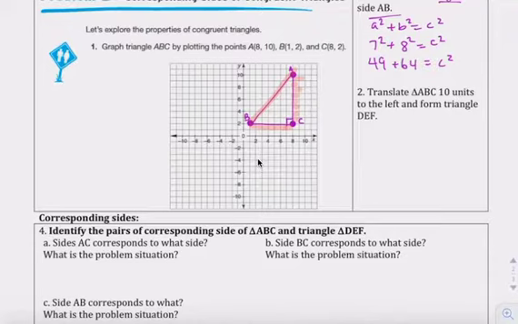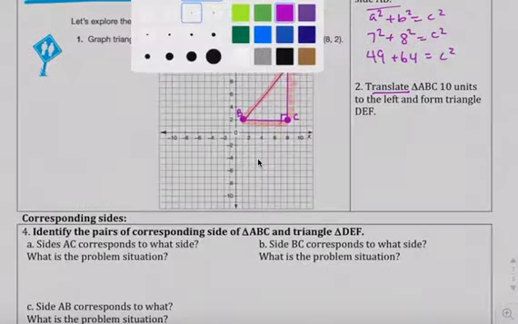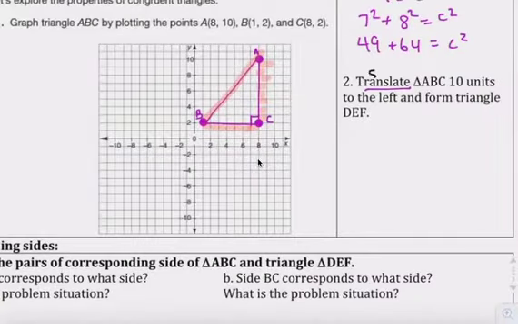Okay, translate. Translate means to slide. Translate triangle ABC 10 units to the left to form triangle DEF. So A becomes D, so it goes 10.